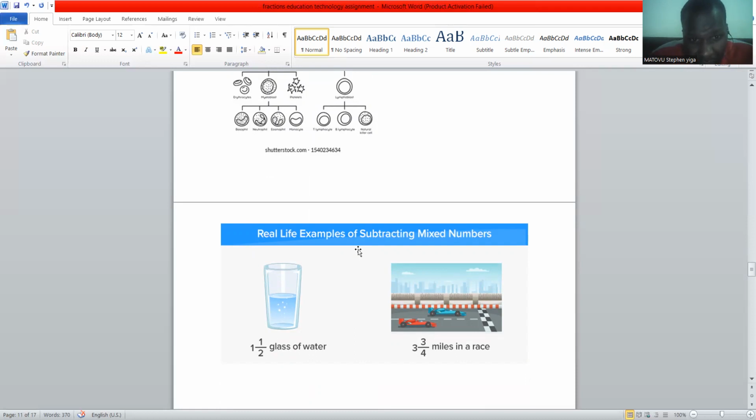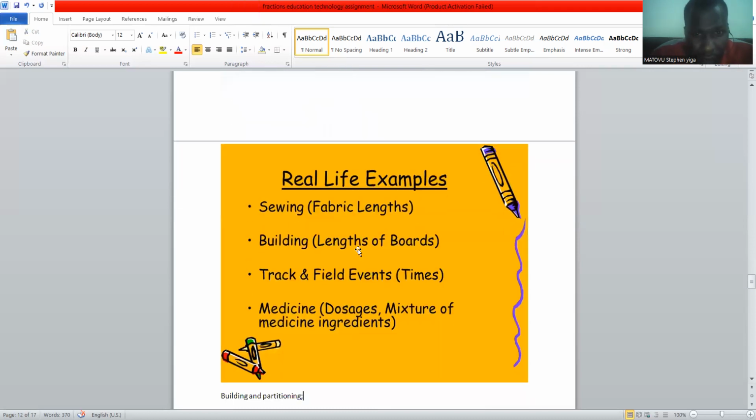Subtracting mixed numbers in real life examples: 1.5 glasses of water, that is real life. When you get 3 out of 4 miles, that is a real life example. Sewing: we all know the tailors, they measure half a centimeter or a half. Those fashion designers know how to do it better. Building lengths of boards, of course, fractions are applied.